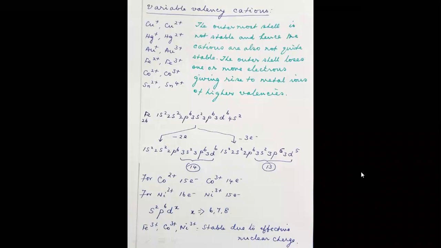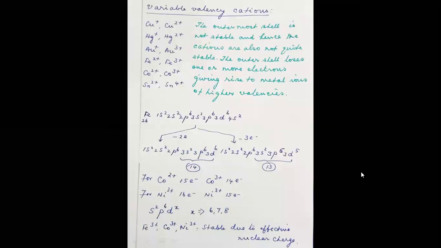Normally, when you name them, the ions with lower oxidation state are named with 'ous' and higher oxidation state with 'ic'. Cu plus is cuprous. Cu2 plus is cupric. Hg plus is mercurous.